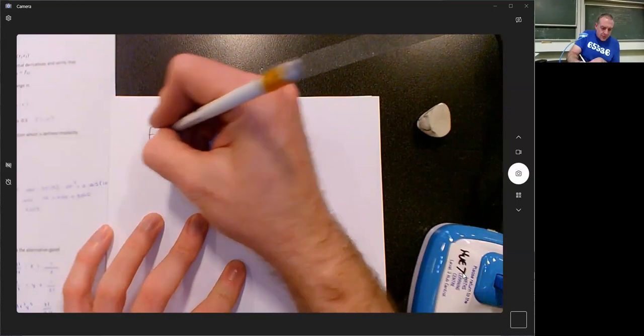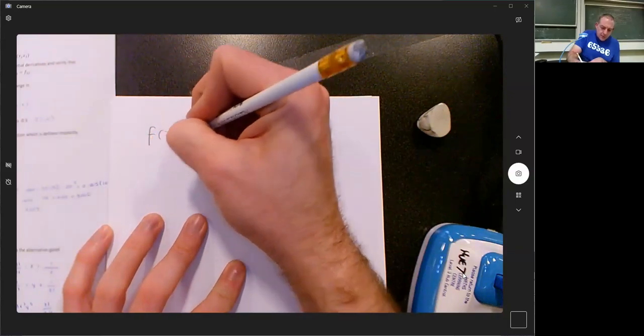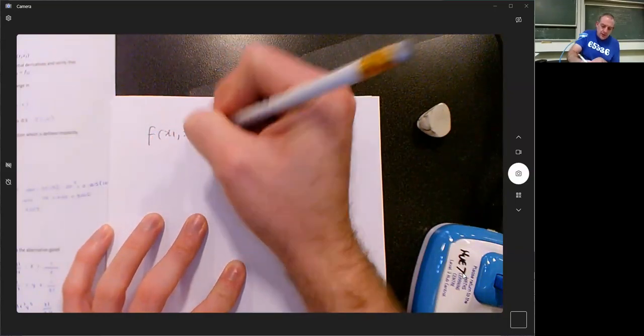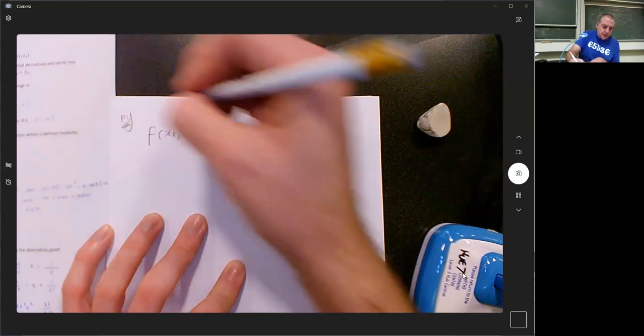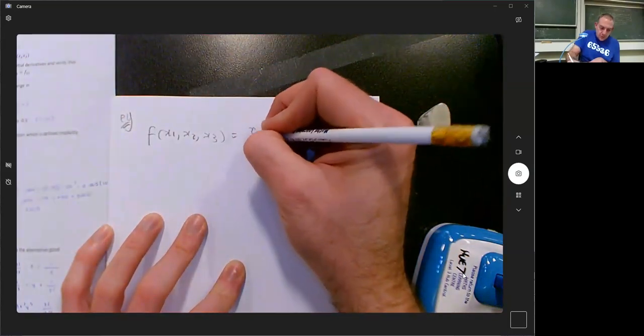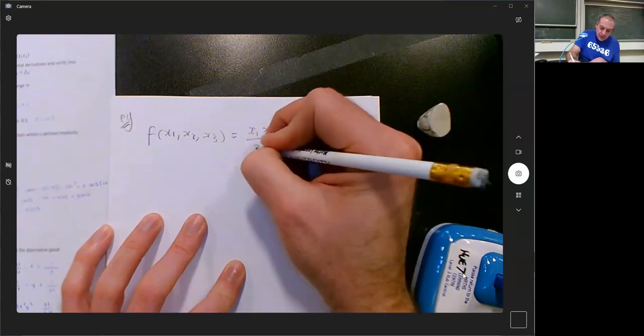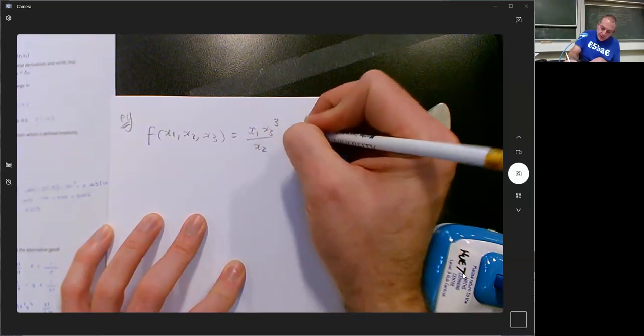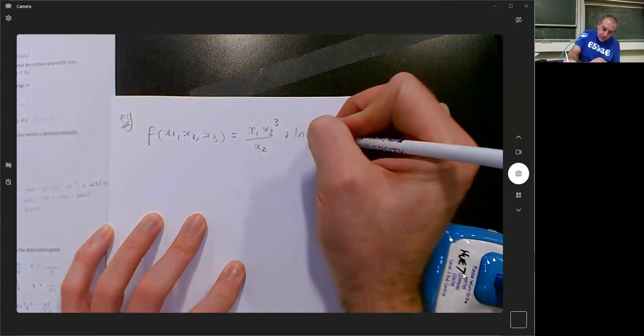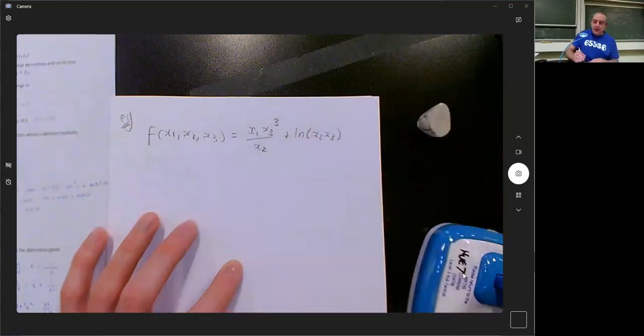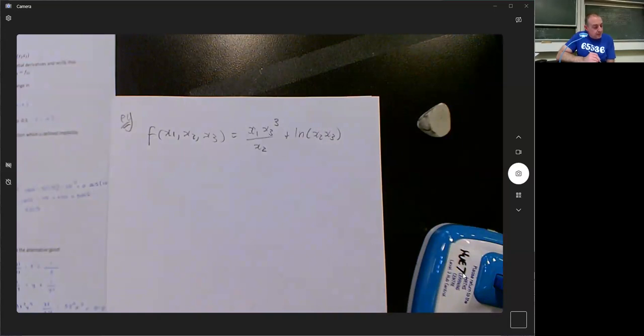So f of x1, x2 and x3 is x1 times x3 cubed over x2 plus ln of x2 times x3. Let's just make it complicated.